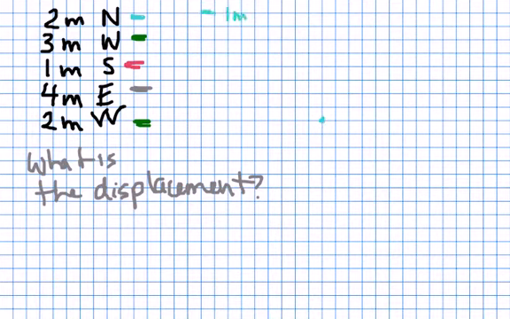So you just need to pick a starting point, and I'm going to call each one of these 1 meter. So if this is our origin, we go 2 meters north. Next is west. Go 3 meters west. Then we go 1 meter south. Then we go 4 meters east.